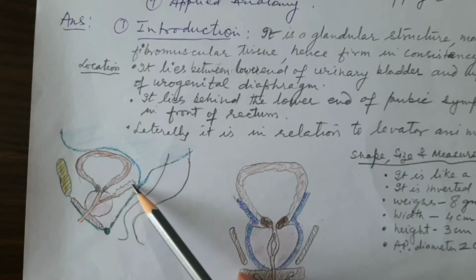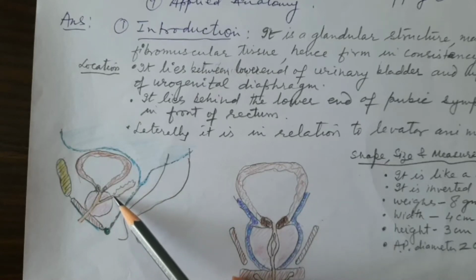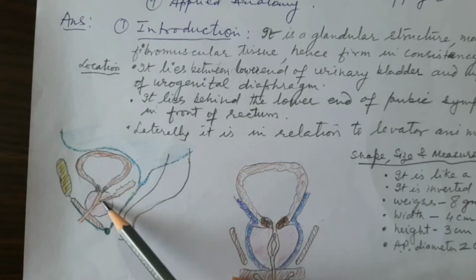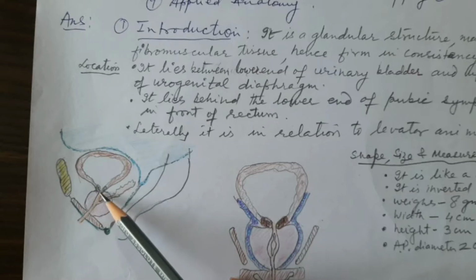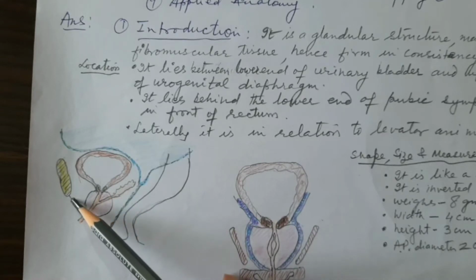Posterior to the urinary bladder, this is the seminal vesicle, which is sending the ejaculatory duct, opening in the prostatic part of the urethra, because this is the nape of the urinary bladder from where begins the prostatic urethra. Now this structure is the urogenital diaphragm.